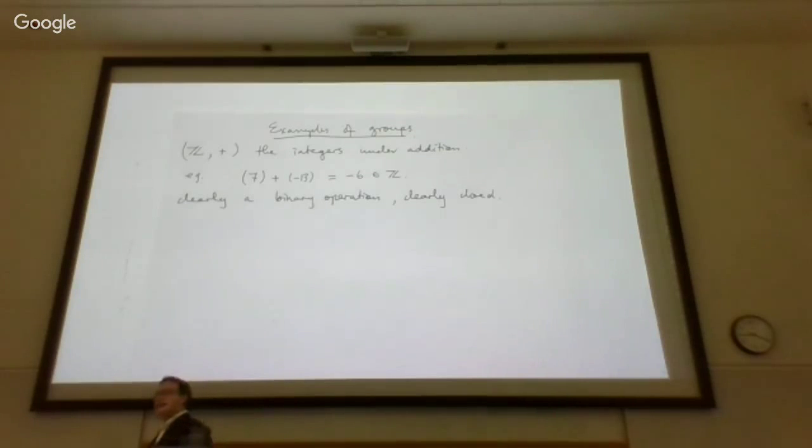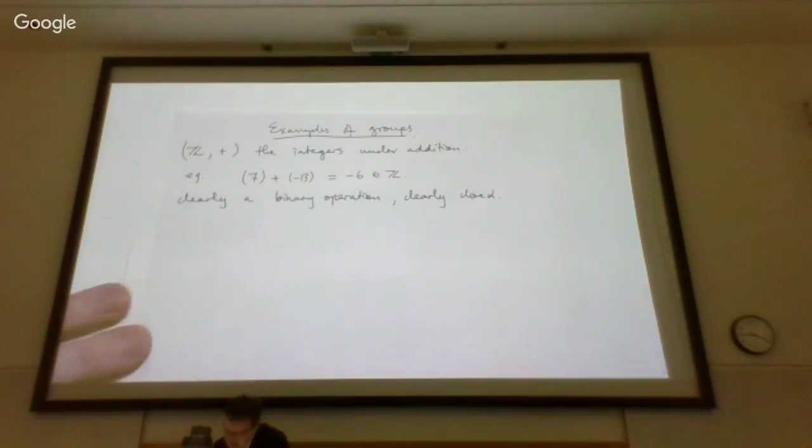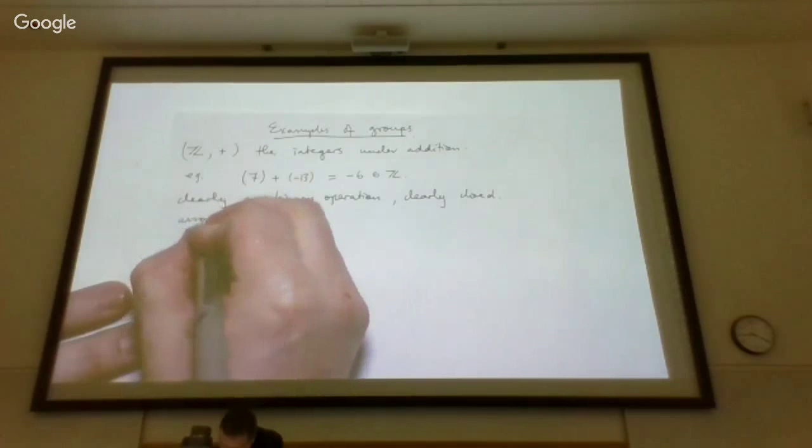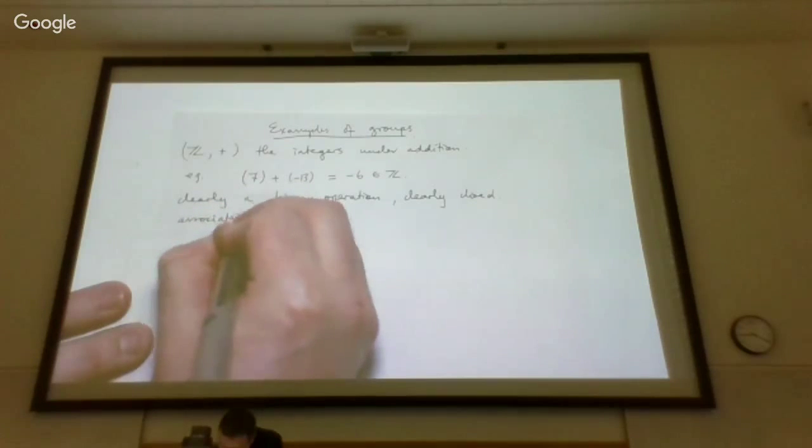So adding up any finite collection of integers is unambiguously defined. It doesn't make a difference in what order you evaluate the little binary additions. As long as you add up all those integers, you're always going to get the same answer. The associativity is well known.